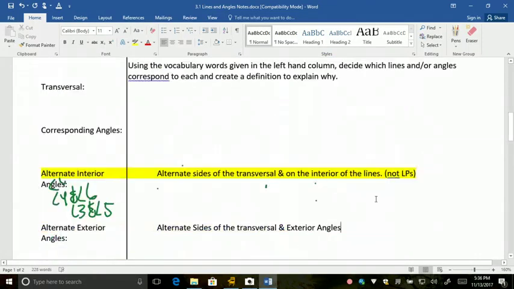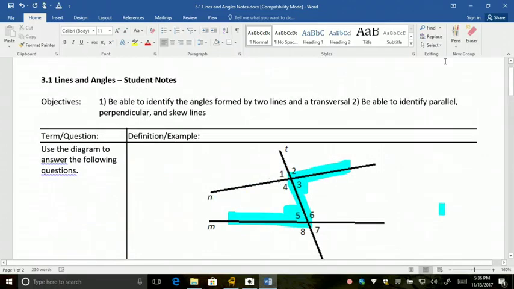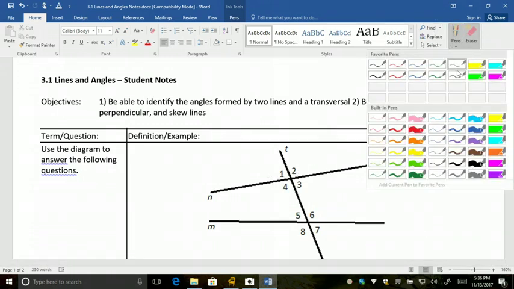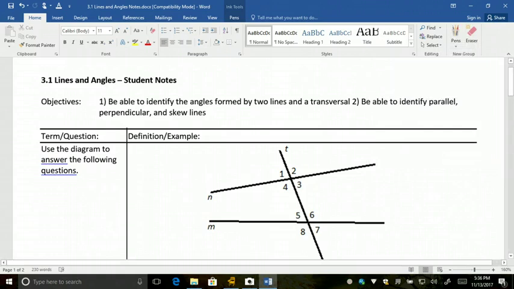So again, they can't be linear pairs. I have people all the time who say, well, look, Mr. Ritter, 2 and 1 are both on the exterior. Yes, and they are on alternate sides of the transversal, but they're a linear pair.